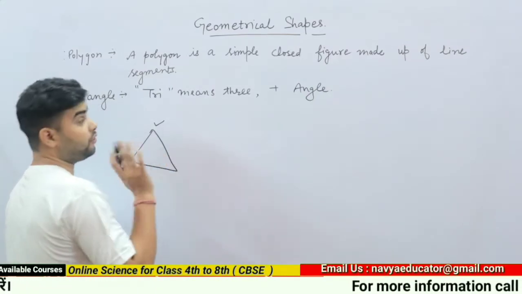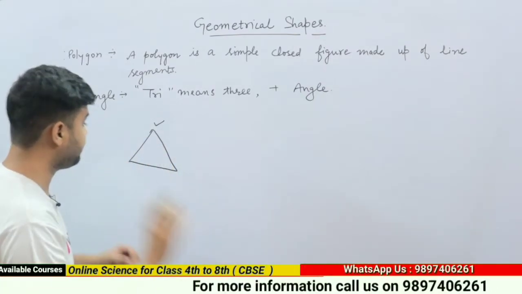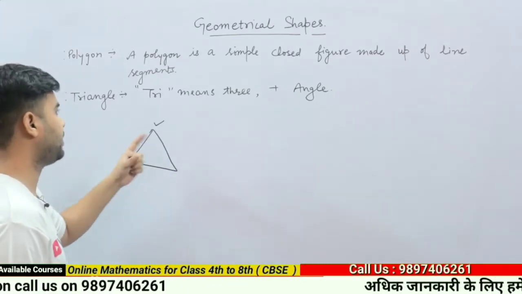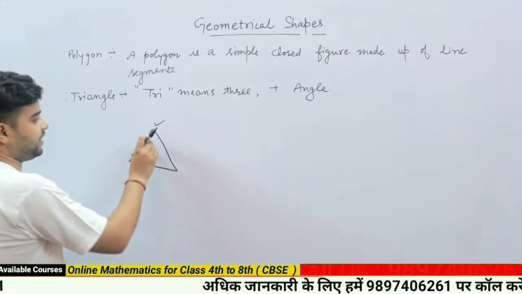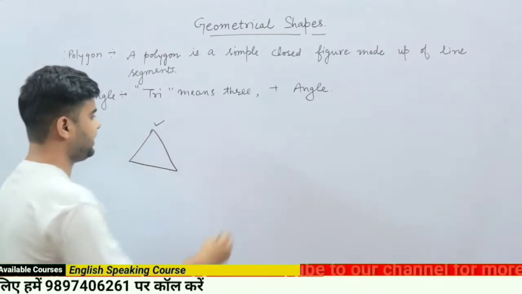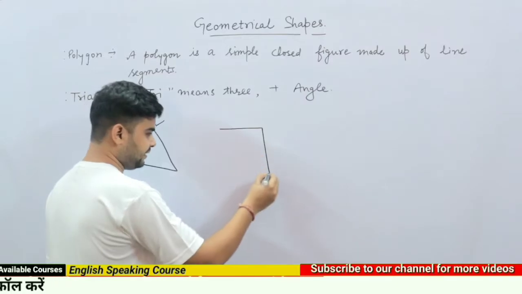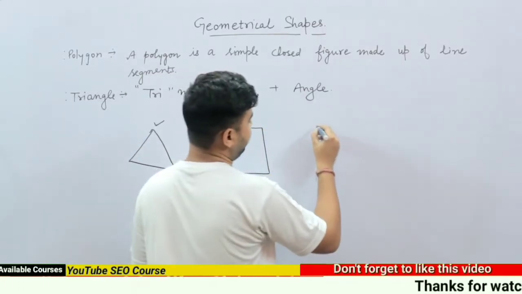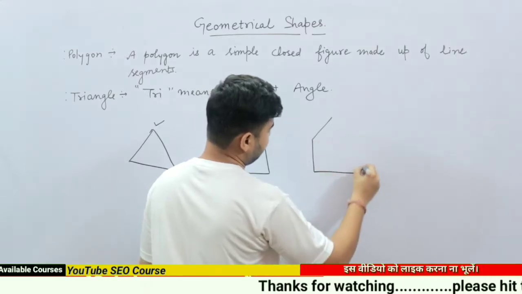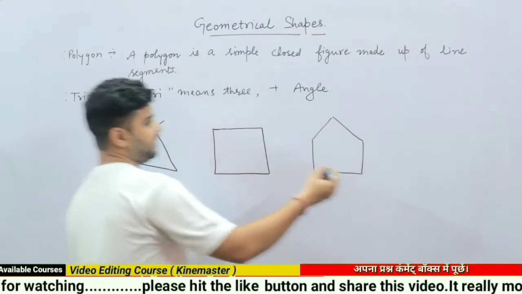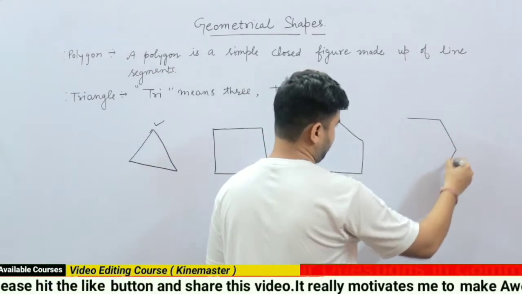Next, you have to remember in your mind that the figure is closed. The figure should be closed and simple and made up of line segments. Now next, line segments can make this shape, this shape, and this shape also.